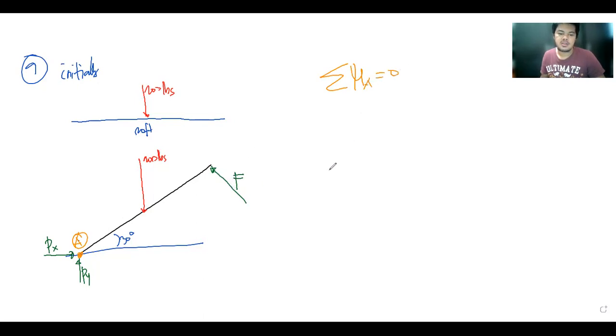Okay, so moment then is defined as the force multiplied by the perpendicular distance from the force to the reference point.